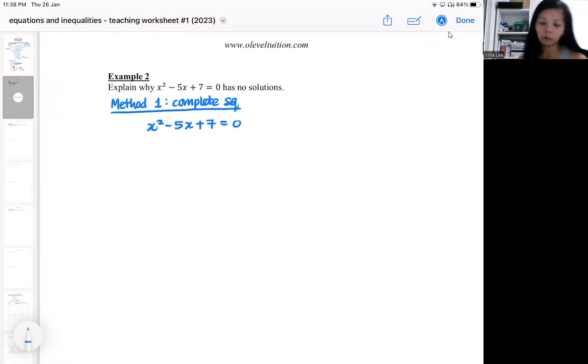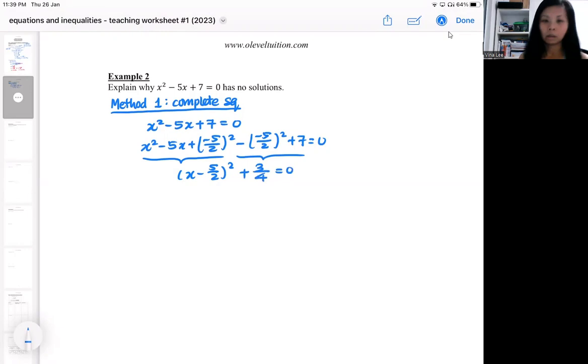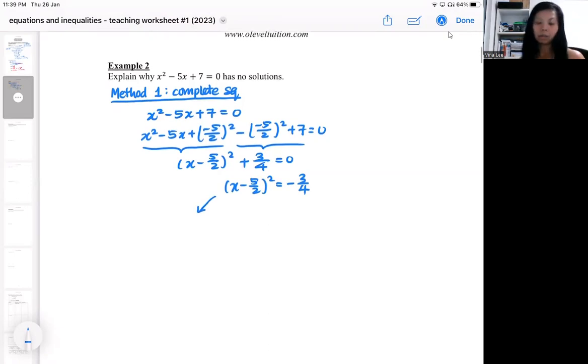In order to do so, you execute your typical steps for complete square, and then you try to solve as per normal. At this section, you can start the explanation from here.